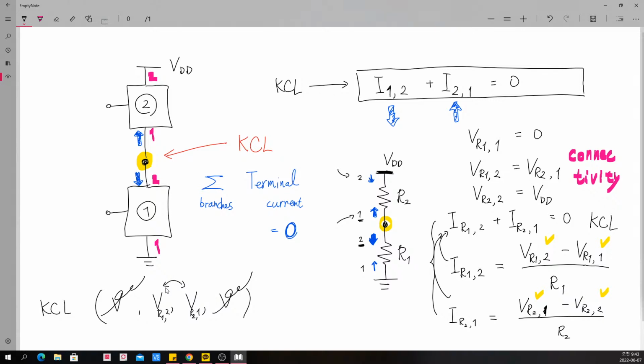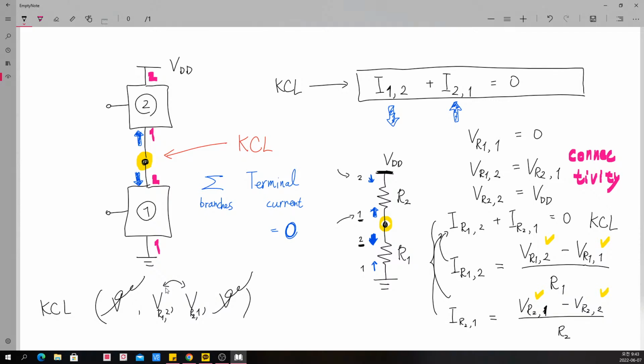So eventually we will have just one single equation, with the circuit node voltage as one single unknown variable. So now the system becomes determined.